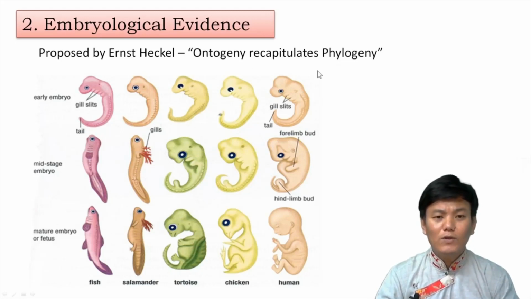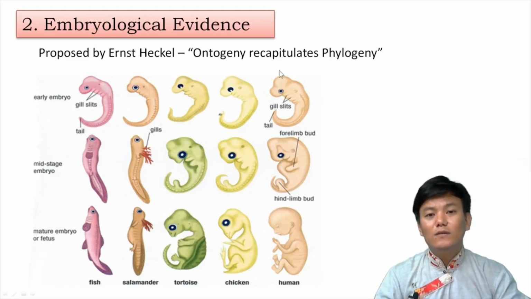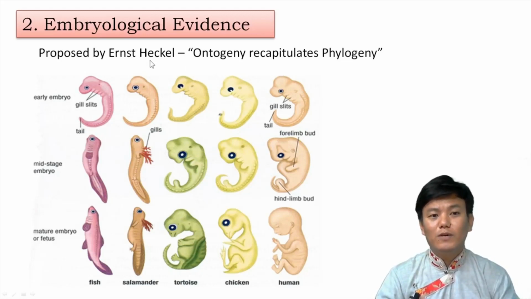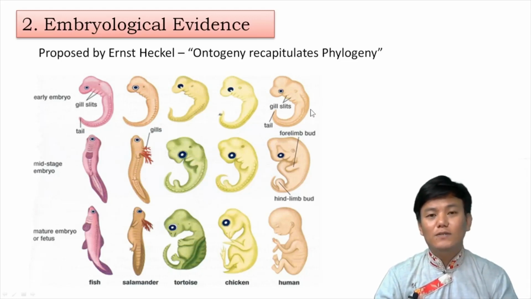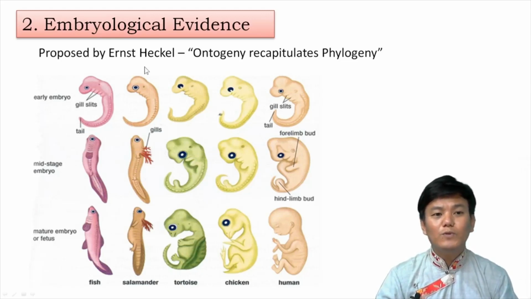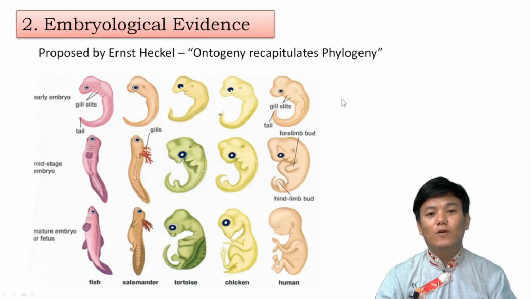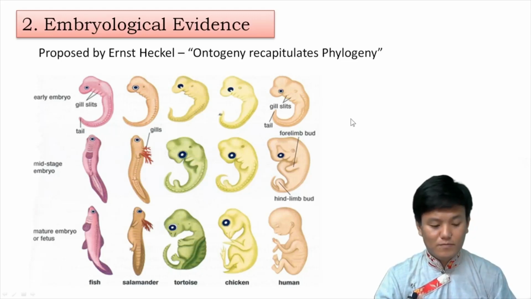But later on, scientists like Karl von Baer disapproved the theory proposed by Ernst Haeckel, saying that these embryonic stages never pass through the life stages of other adult animals like insects or other invertebrates, right? So the theory proposed by Ernst Haeckel was disapproved later on by Karl von Baer.